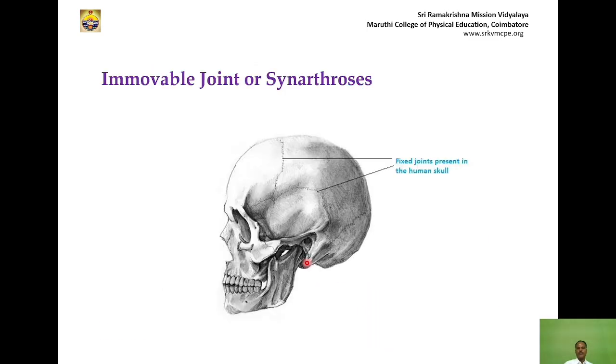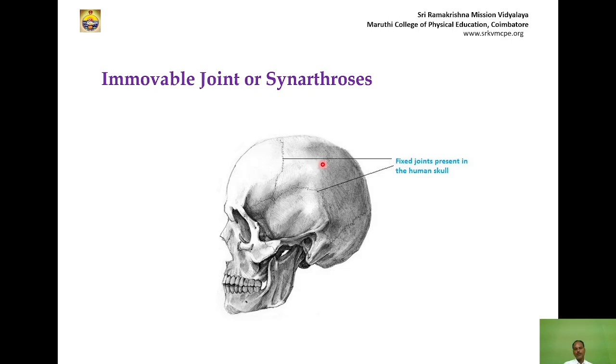So we will see here. Here there is a joint. This is a separate bone, and this is a separate bone. But there are stitches, and there is no movement because of the fibrous tissue, because this bone and this bone are connected by the fibrous tissue.